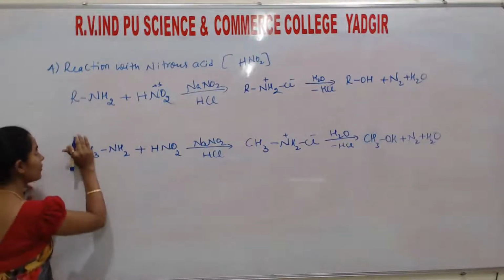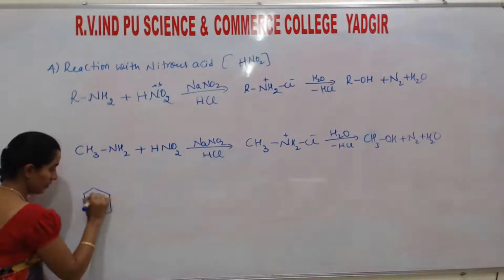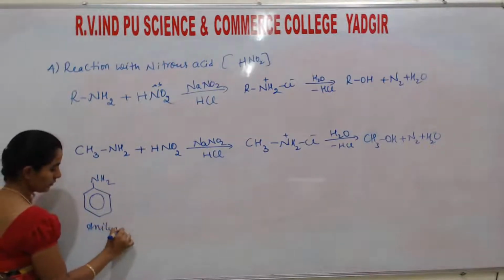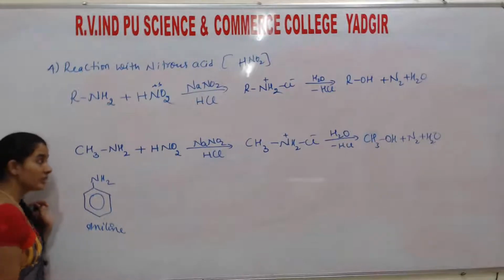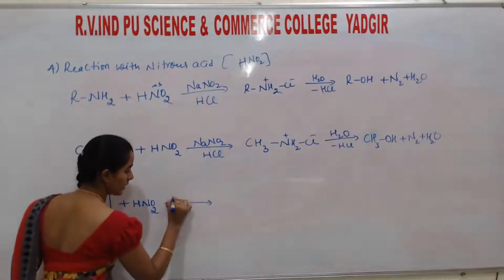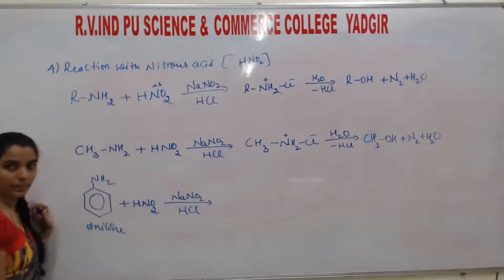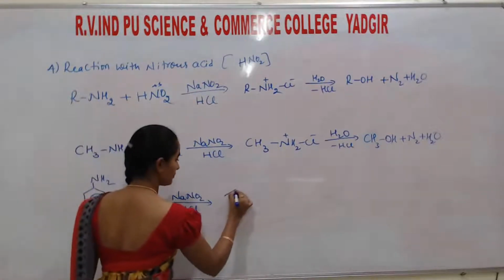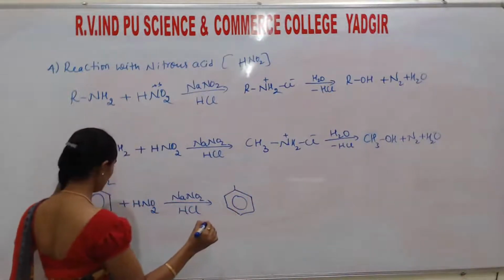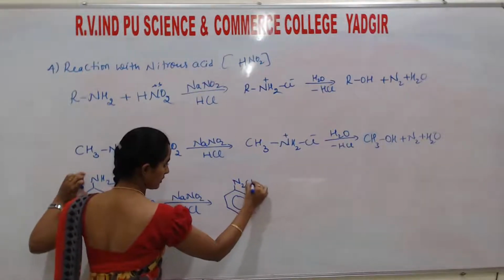Okay, so here, instead of this, if you consider a benzene ring with an NH2 group, this is aniline. So when this aniline reacts with nitrous acid in presence of NaNO2 plus HCl, they form N2+ Cl-.